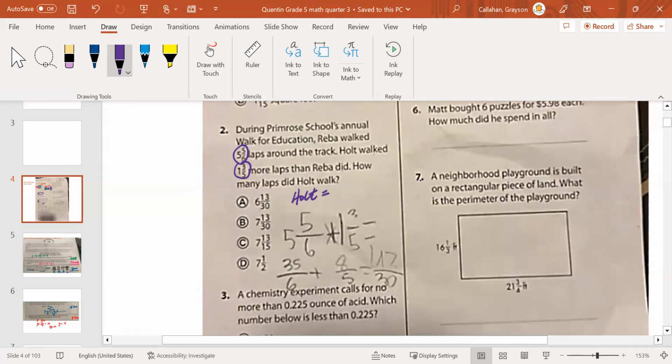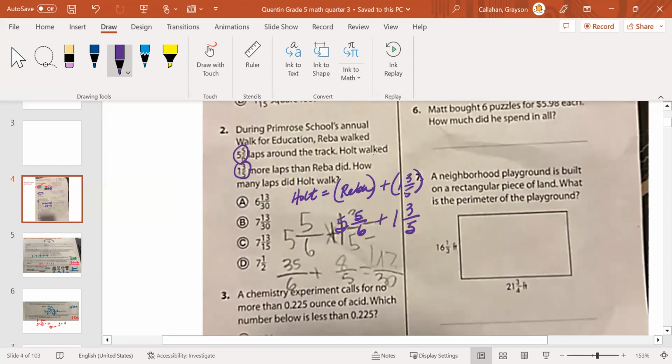Holt is going to be Reba, right? So how long Holt walked is going to be Reba plus 1 3/5. Do you agree with that? Okay, so stop. 5 and 5/6 plus 1 and 3/5, right?